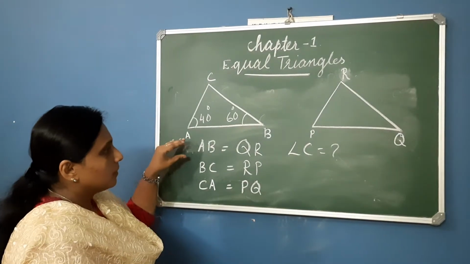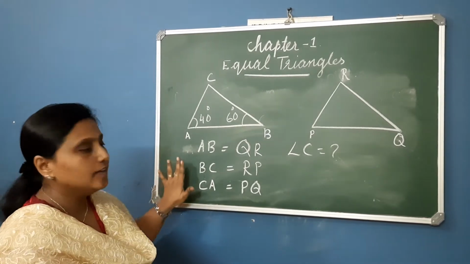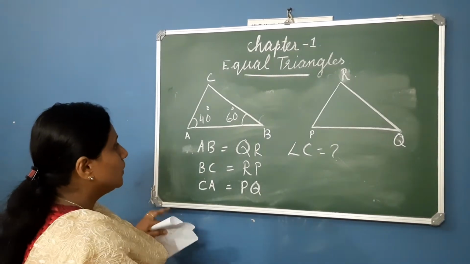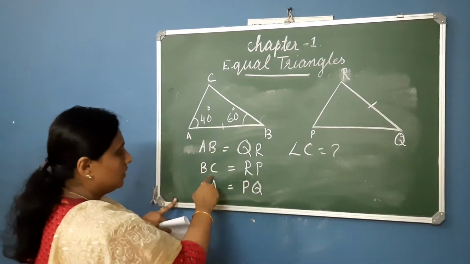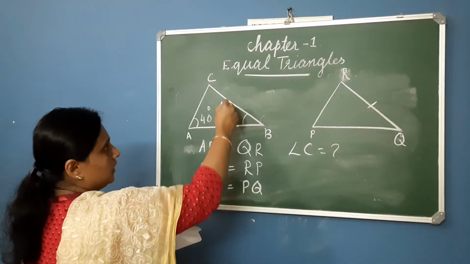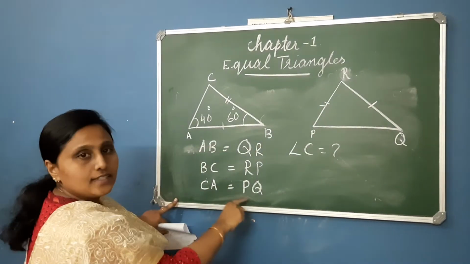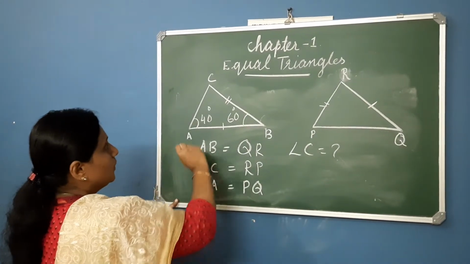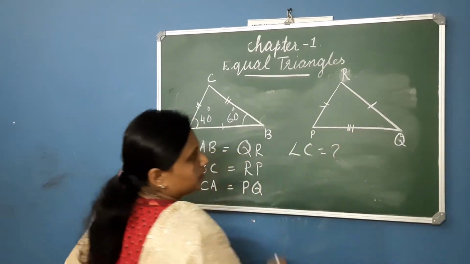ഇനി നമുക്ക് തന്നിട്ടുള്ള ഫാക്ട്സ് 3 കാര്യങ്ങളാണ്. AB equal to QR, BC equal to RP, and CA equal to PQ.